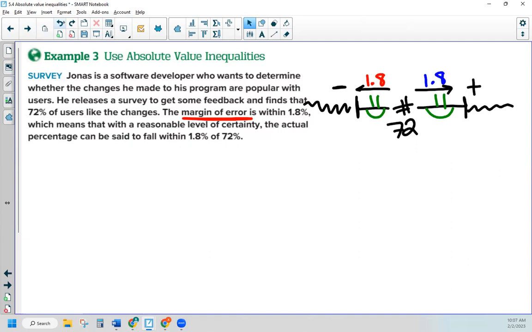Now, the people that are probably already doing some math in their head, maybe you did this, and good job. That is exactly what you need to think about. If we are at 72 and we go 1.8 to the right, we will be at 73.8. If we are at 72 but we go 1.8 to the left, we would be at 70.2.